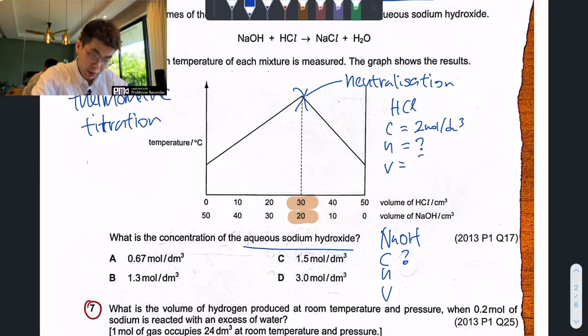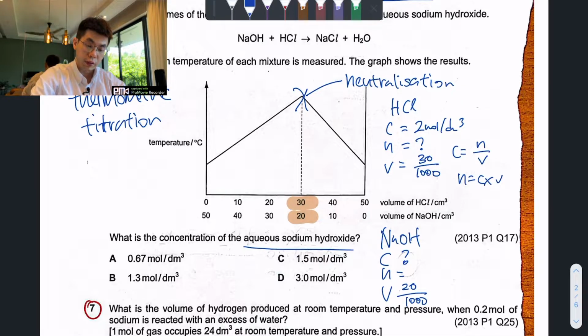So HCl is 30 over 1000, and then this one is 20 over 1000. So I'll first find out HCl. So for HCl, C equals N over V. So N equals C times V. So that's 2 times 30 over 1000. Alright.